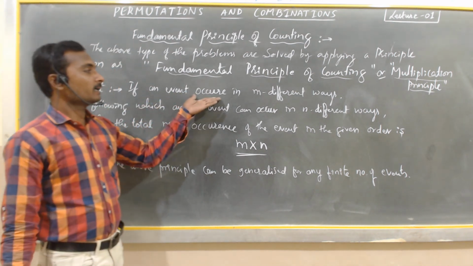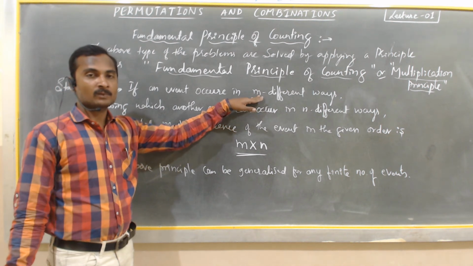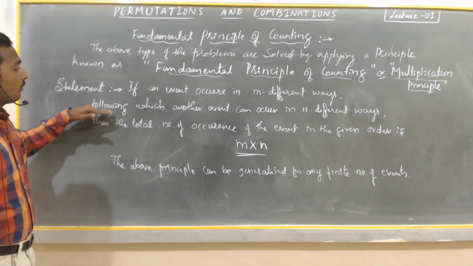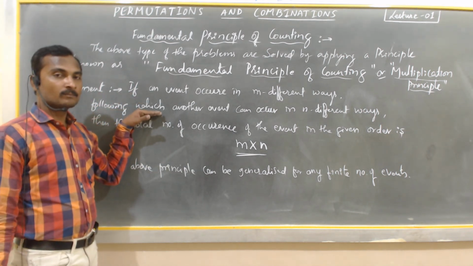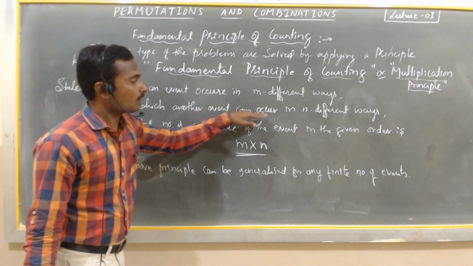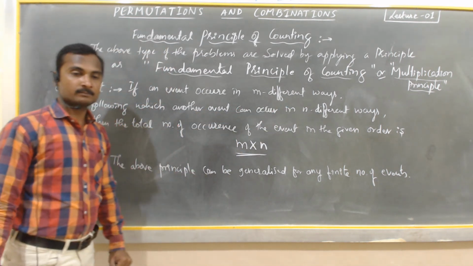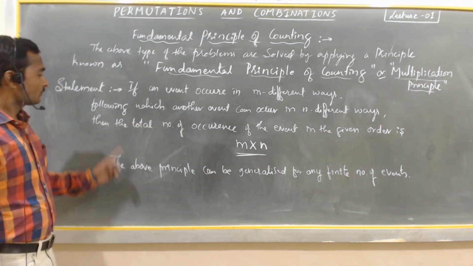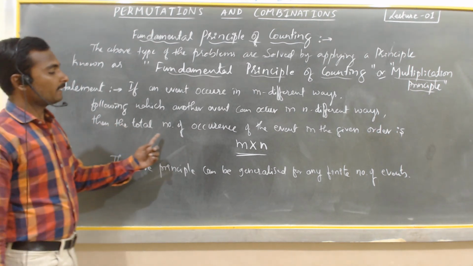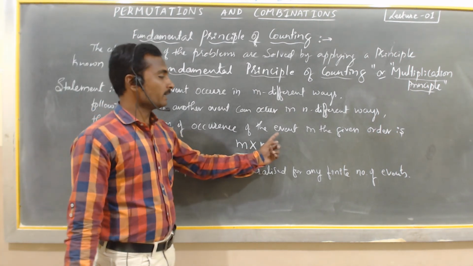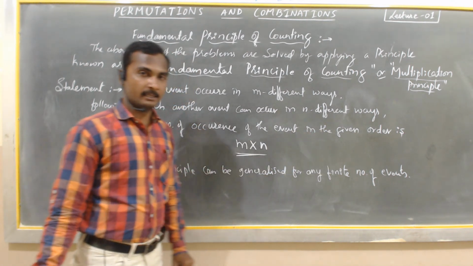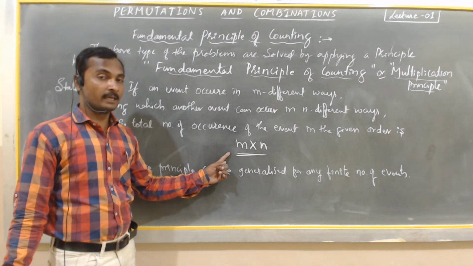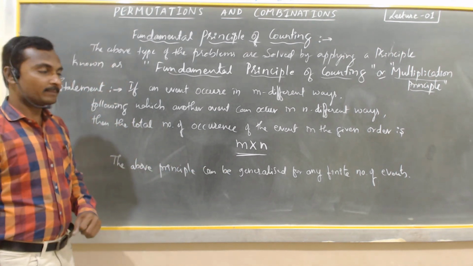If an event occurs in m different ways, following which another event can occur in n different ways, then the total number of occurrences of the event in the given order is m into n. See, I explain this one.